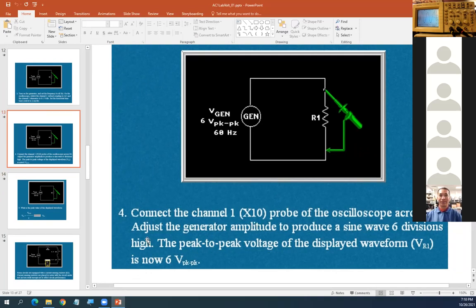But you care about, they say, adjust generator amplitude to produce sideways. Okay, now this is still for analog scope. They want 6 divisions. And Mr. Pham, the only thing I disagree with you about is on the times 10, you need to make sure the probe and the scope both say the same thing.